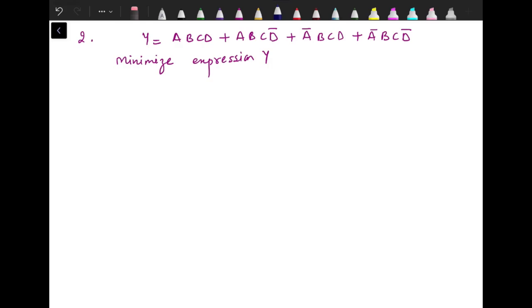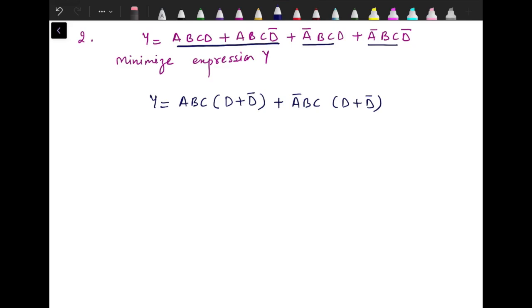Firstly, from the first two terms, ABC is the same. So y can be written as ABC, then D plus D complement. Then from here, we have A complement, B, C, which are the same. So we can write A complement BC, and we are left with D plus D complement.